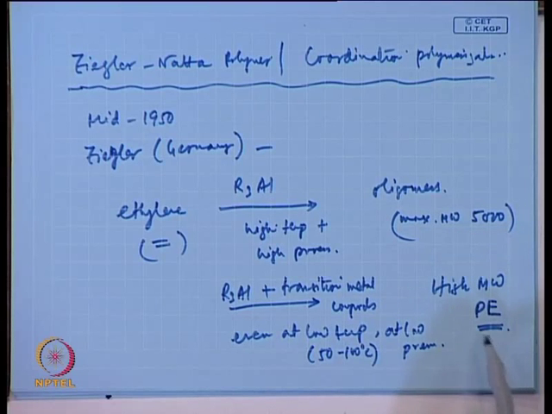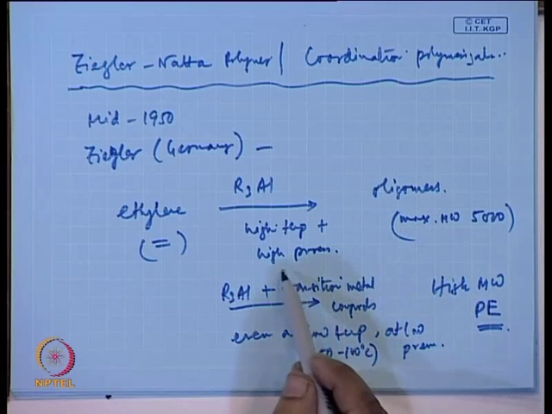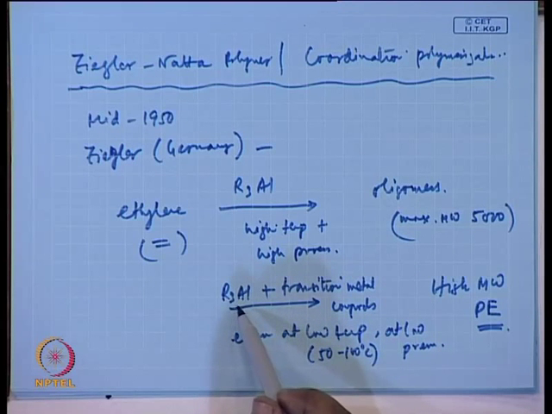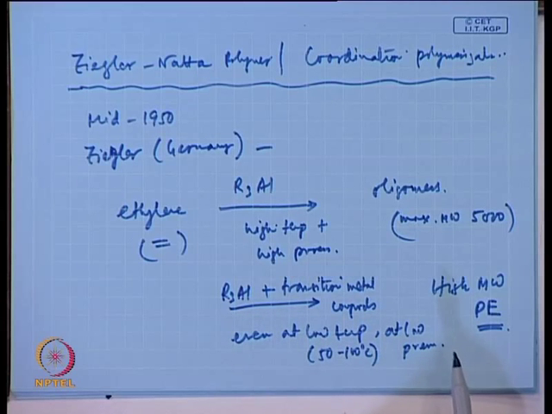So, what is the change here? It is only the addition of transition metal compounds along with this alkyl aluminum. Then the polymerization nature was dramatically changed. You get a very high molecular weight polyethylene.